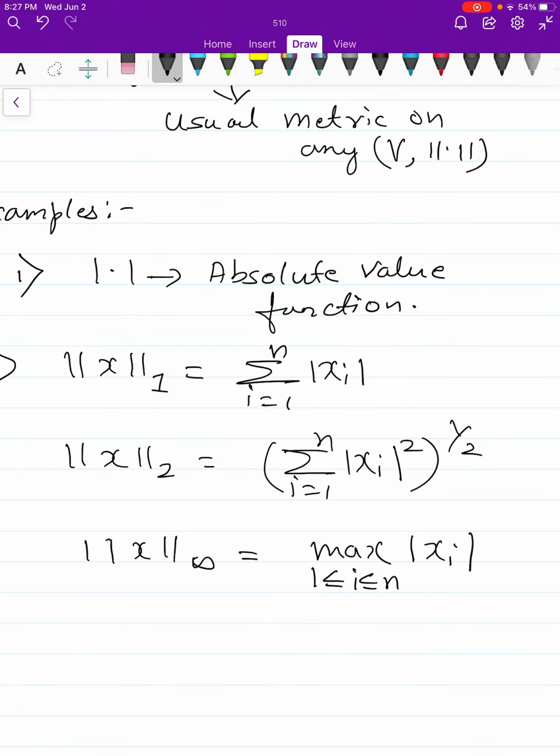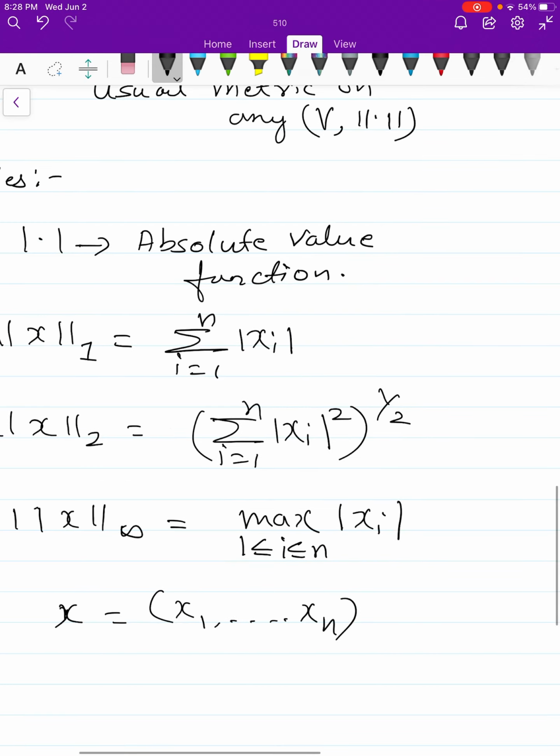So what are these xi's? They are nothing but the coordinates of an n tuple x, which is nothing but one point in Rn.